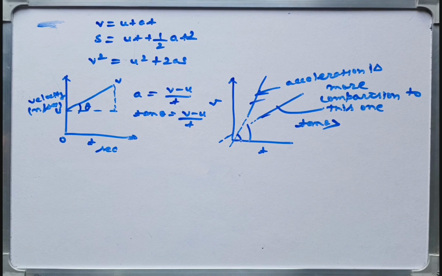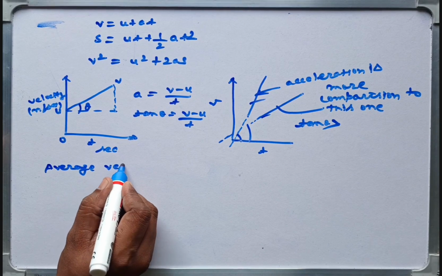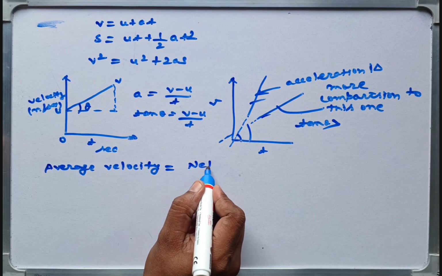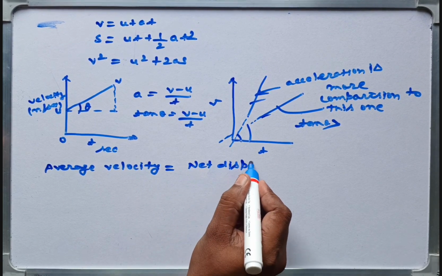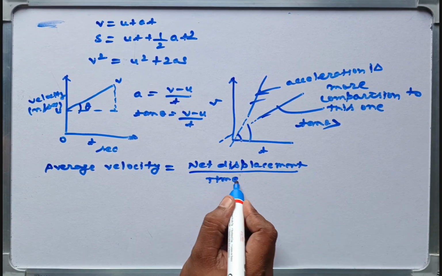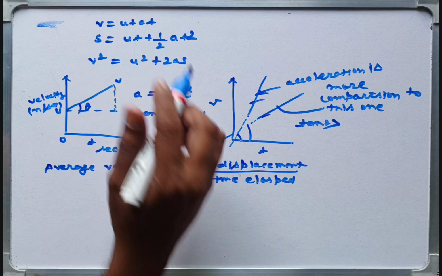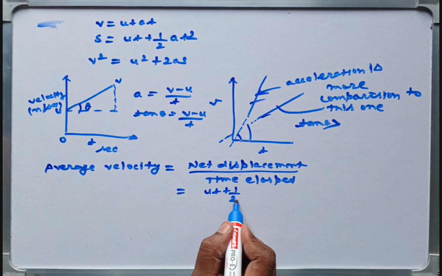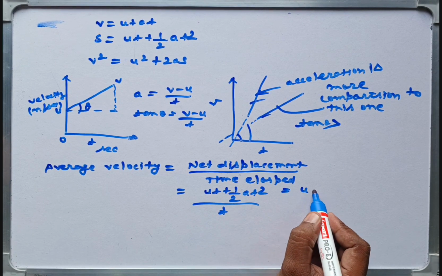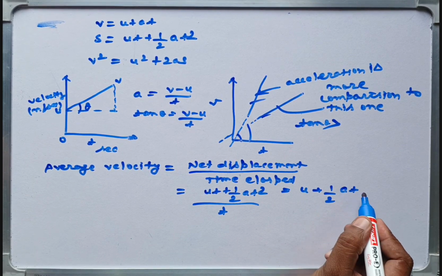One more equation left out is the average velocity. It equals net displacement divided by time elapsed. What will come in this case? ut plus half at square is the net displacement and the time elapsed is t, so you can write it as u plus 1 by 2 at.